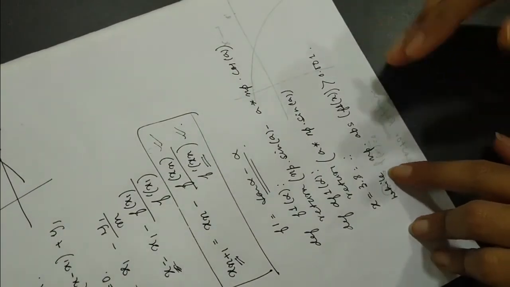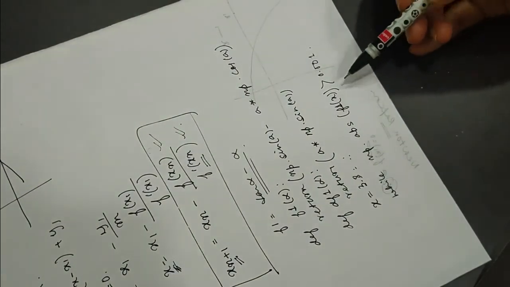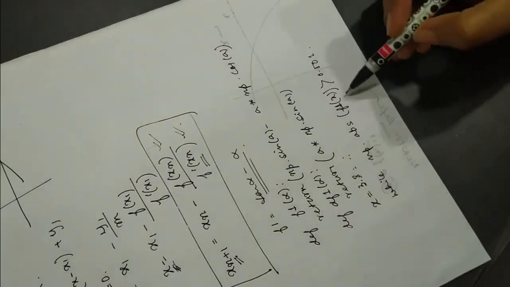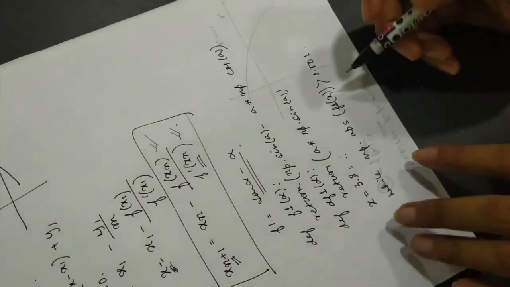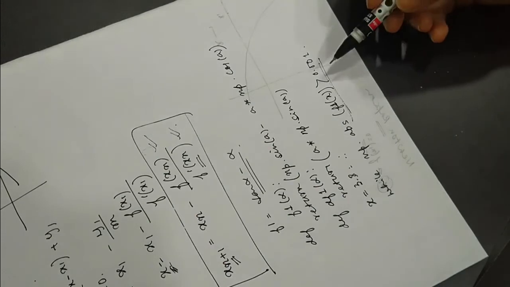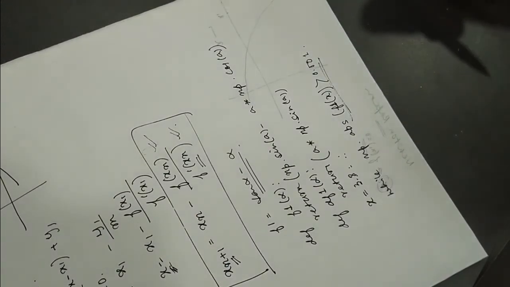So we will enter the loop only while this condition is fulfilled. If it is less than that, then that is the root and we'll print it outside.